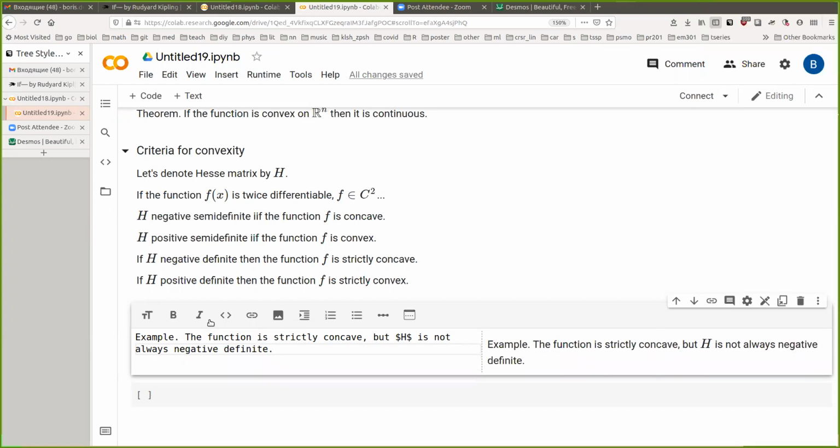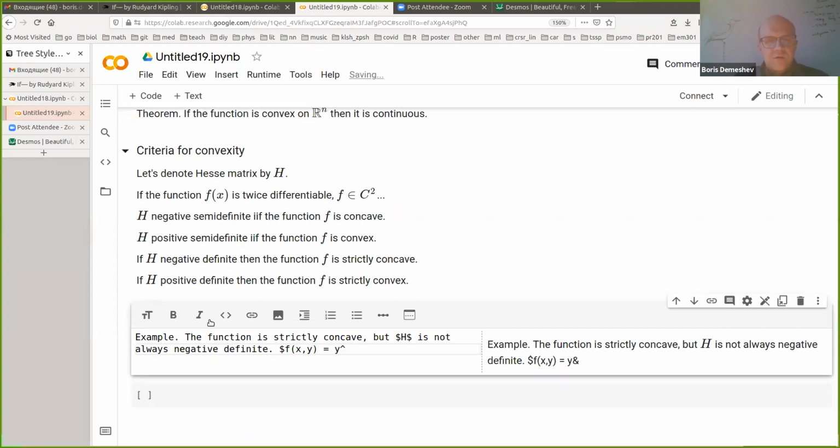X squared plus y squared. Yeah, you are right. But let's provide something a little bit more creative: y to the power 2020 plus x to the power 42.